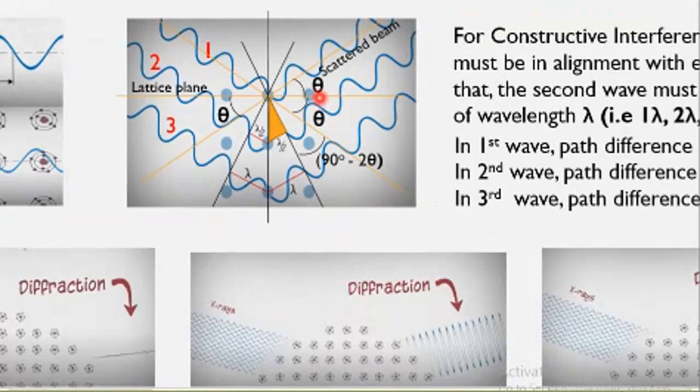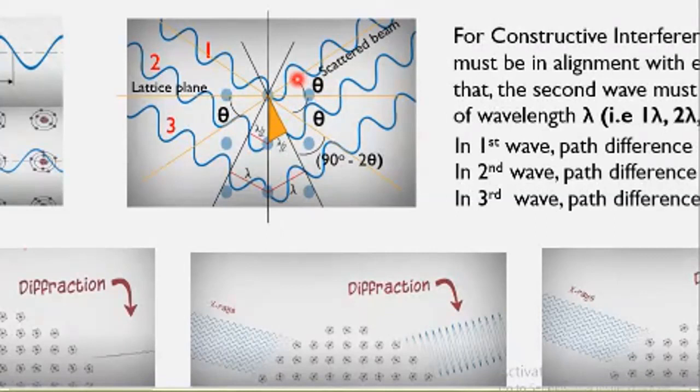Now if we focus carefully, from a geometric theorem, if a line is intersected by another line, then alternate angles are always equal. So this line, which represents the scattered beam, intersects this lattice plane.